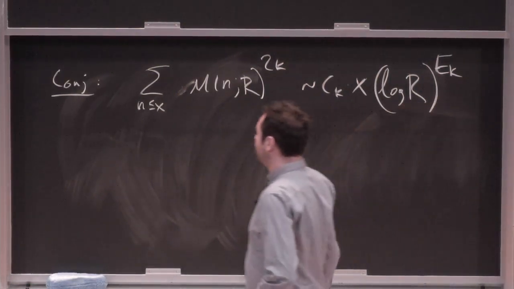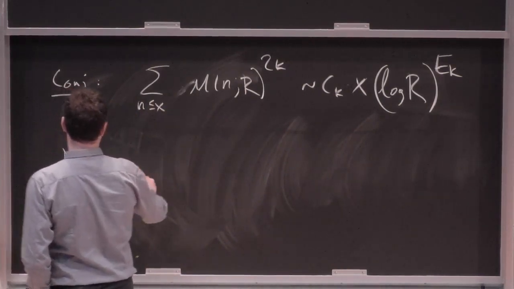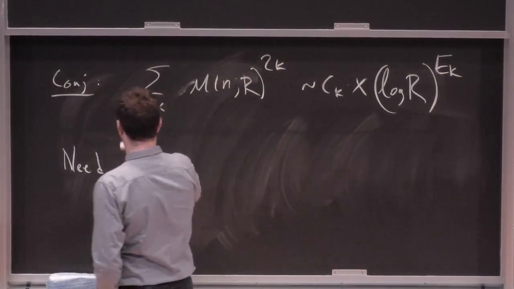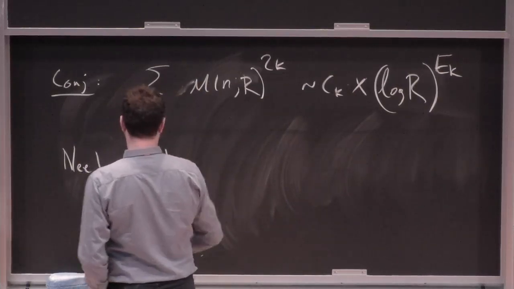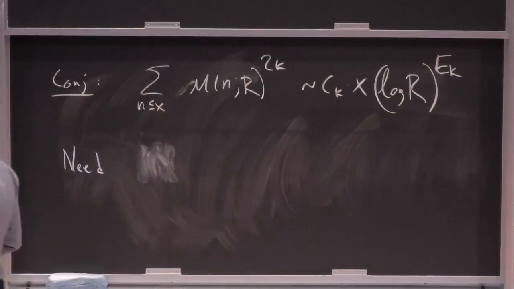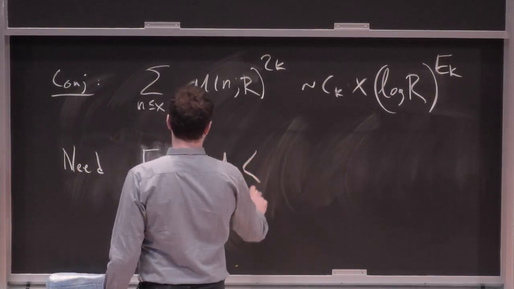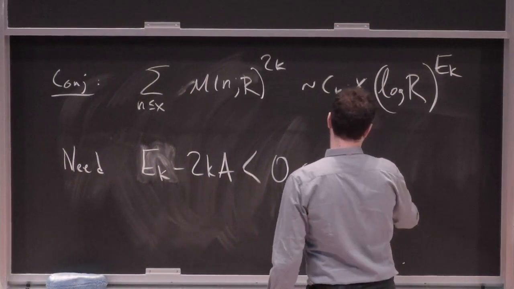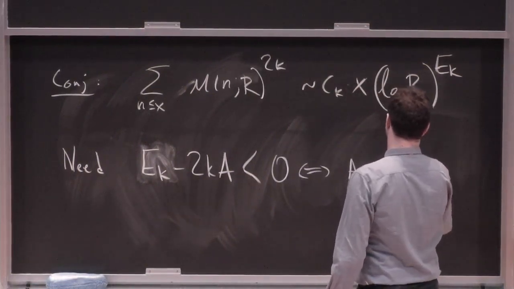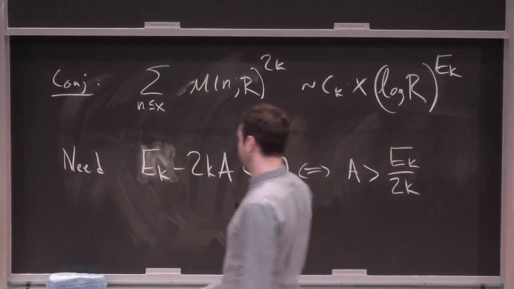And then we would need, I should say, well, 2k, no, sorry. What is the exponent of the logarithm here? ek minus 2ka to be less than 0, which means that a has to be greater than ek over 2k for the almost prime world to dominate.